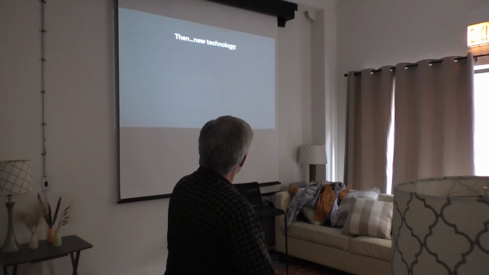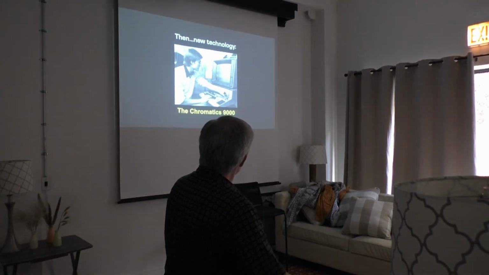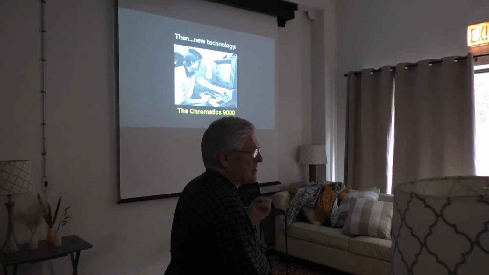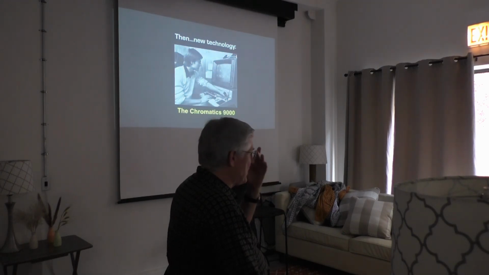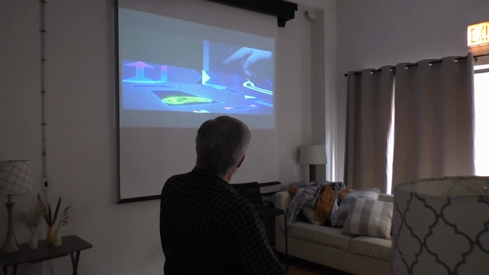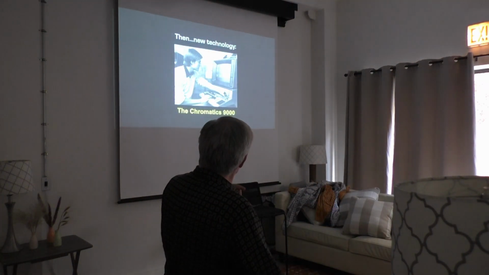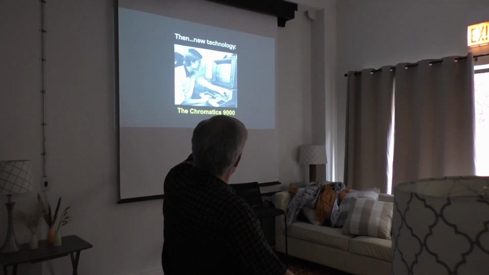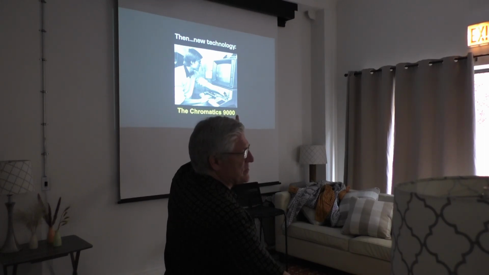So, anyway, this is a kind of a bogus picture. This was the only computer I ever personally operated on the movie. This came into the Disney studio about 6 months before we finished. It was called the Chromatics 9000. And it just made little vector images. You could see them in squares. You couldn't see animation.